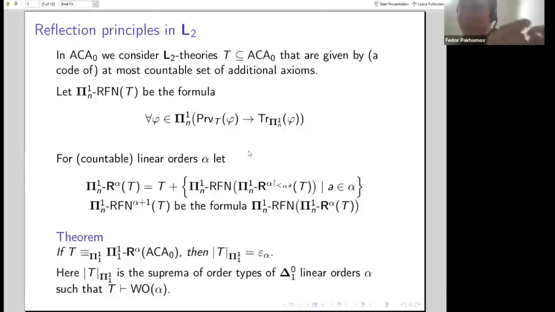But basically, this was essentially a combination of two ideas. The first observation is that this Schmerl formula works not just for standard reflection principles, but for all kinds of reflection principles. The second observation is that we could use this Friedman-style correspondence between omega-model reflection and Π12 induction for iterated reflection.